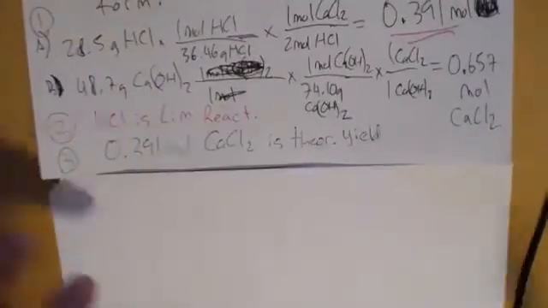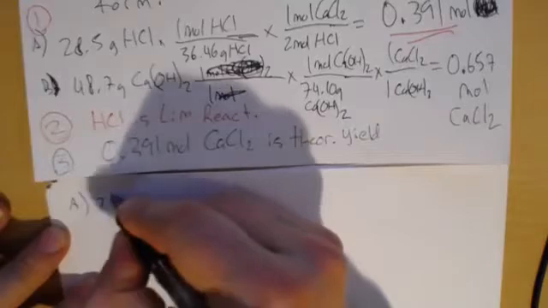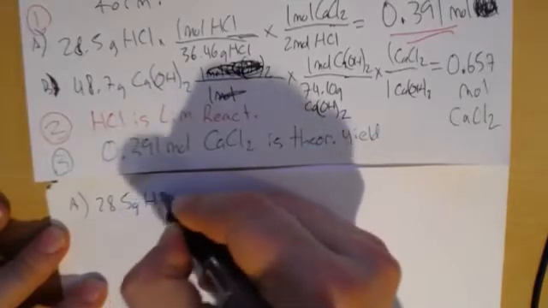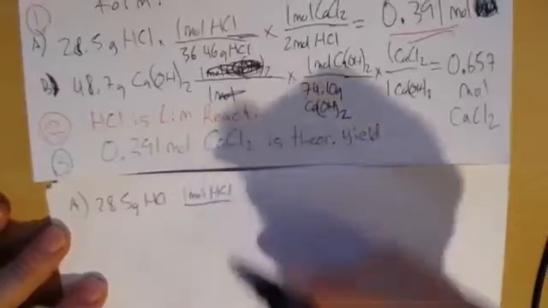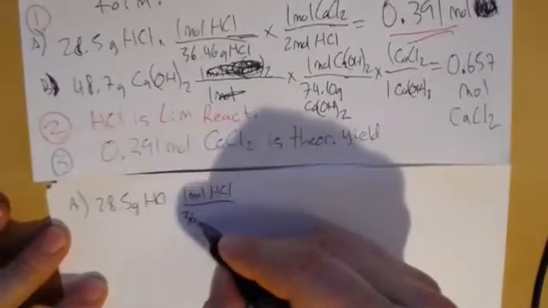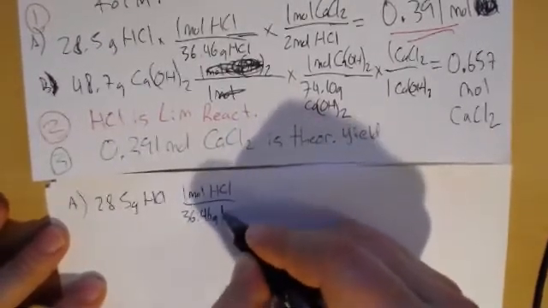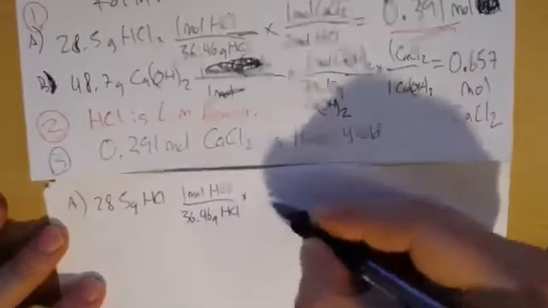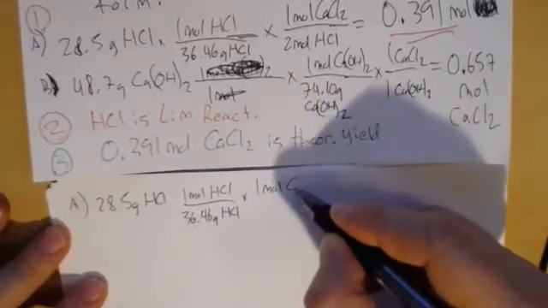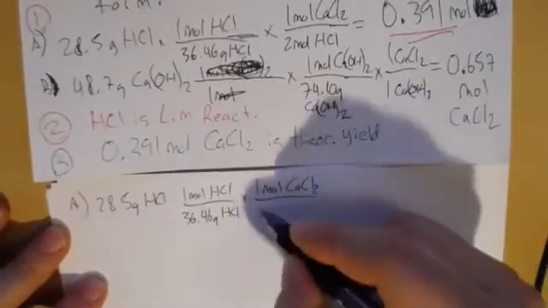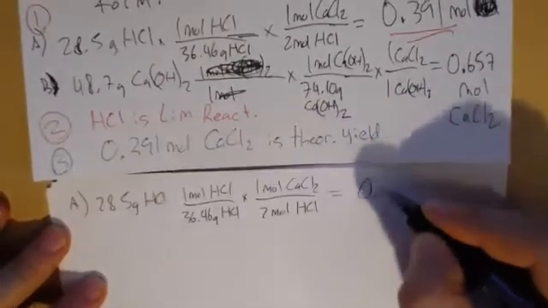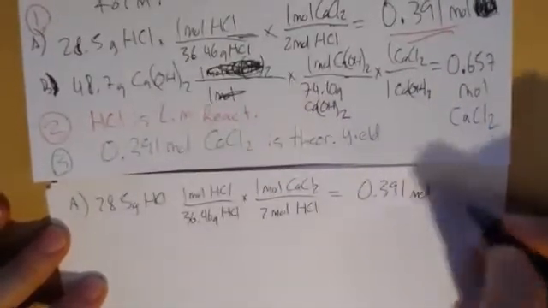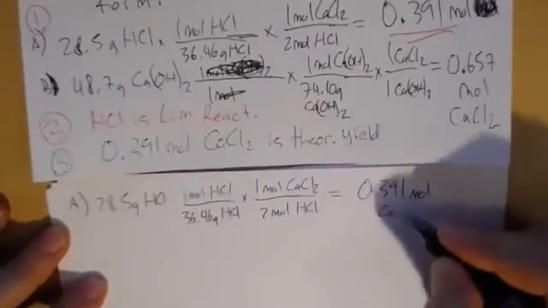Sorry, I don't have video editing right now, so this is gonna show the mess first. So A was 28.5 grams of HCl, 1 mole HCl over 36.46 grams of HCl, 1 mole of calcium chloride over 2 moles of HCl gave me 0.391 moles of calcium chloride.